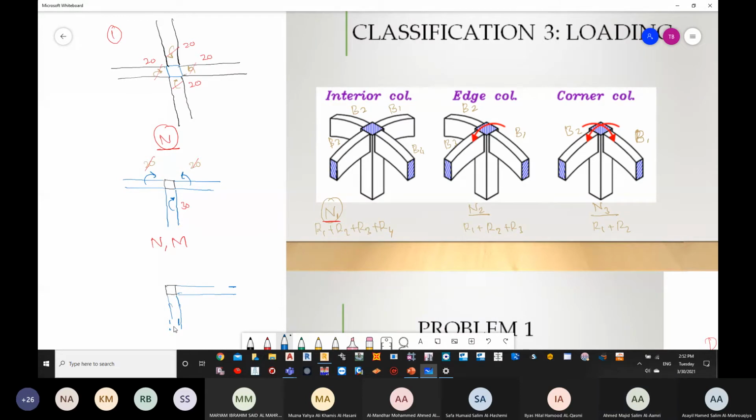Now you will see that there is a moment on this side and there is a moment on the other side. Now there is nothing to be cancelled with because these are acting on different planes. One is in X, one is in Y itself. So now what do we have? We have N because there are reactions. We have MX and we have MY.